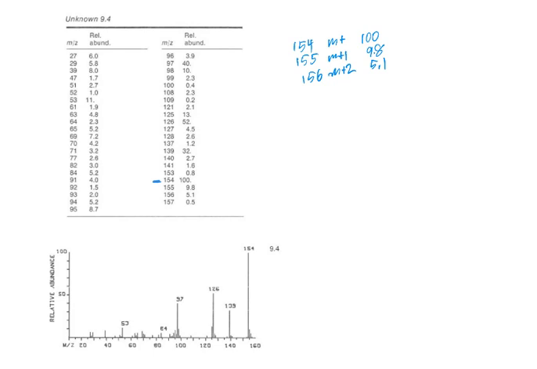We probably want to try to account for as much of that peak as we can, so we should start with the closest values. So I think we should add in a sulfur. Okay, so 100, and this was 0.8, and 4.4, right?